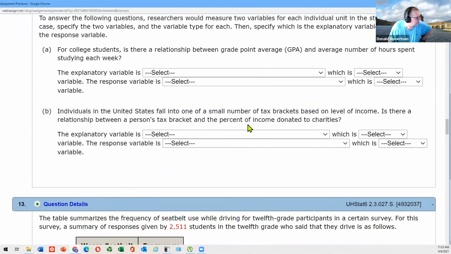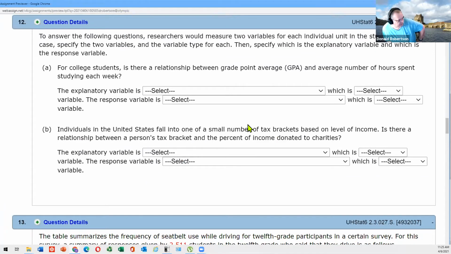I'll do one more of these. To answer the following questions, researchers would measure two variables for each individual unit in the study. In each case, specify the two variables, the variable type, and explanatory and response. For college students, is there a relationship between GPA and the number of hours spent?